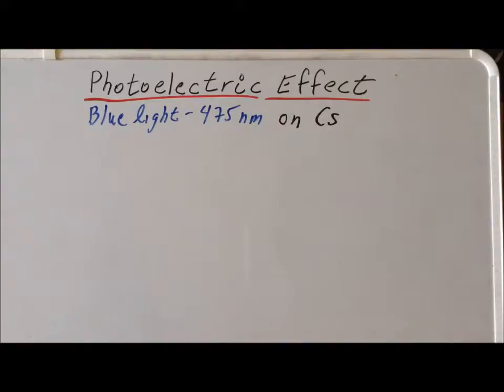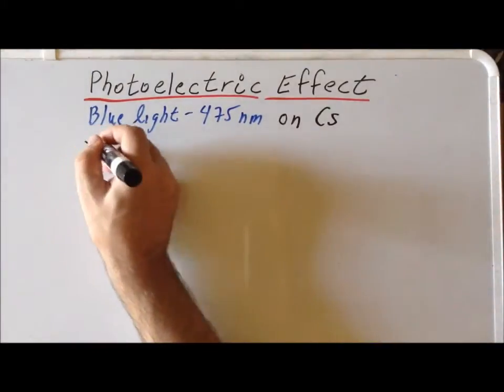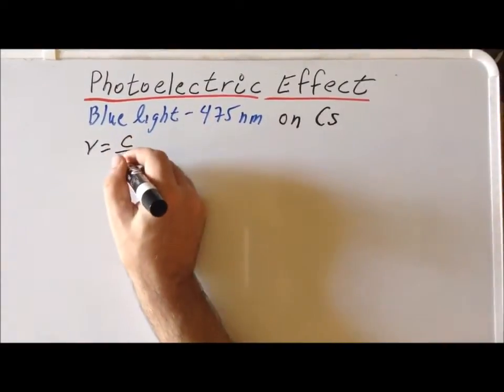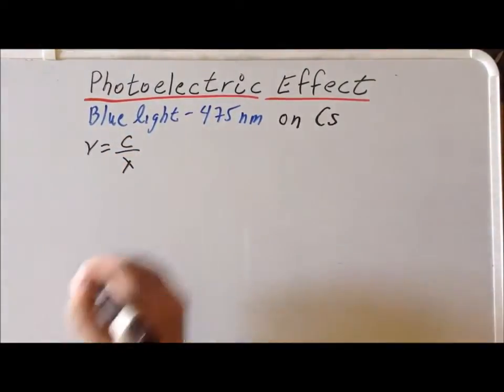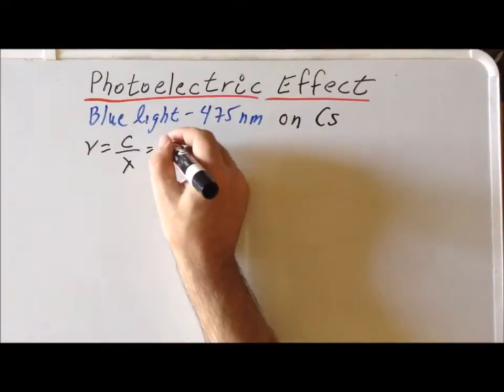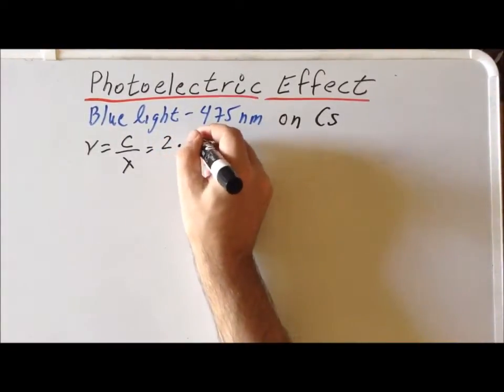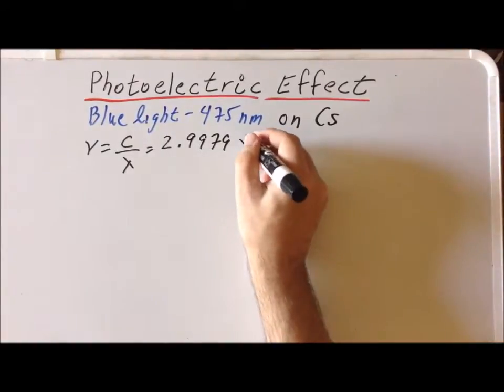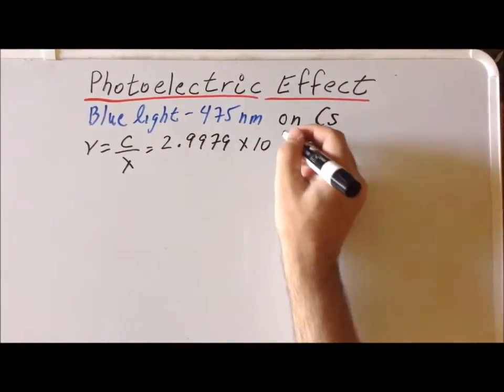So the first thing that we want to do is to calculate the frequency of the blue light. Recall that the frequency is equal to the speed of light divided by the wavelength. The speed of light is a constant, 2.9979 times 10 to the 8 meters per second.